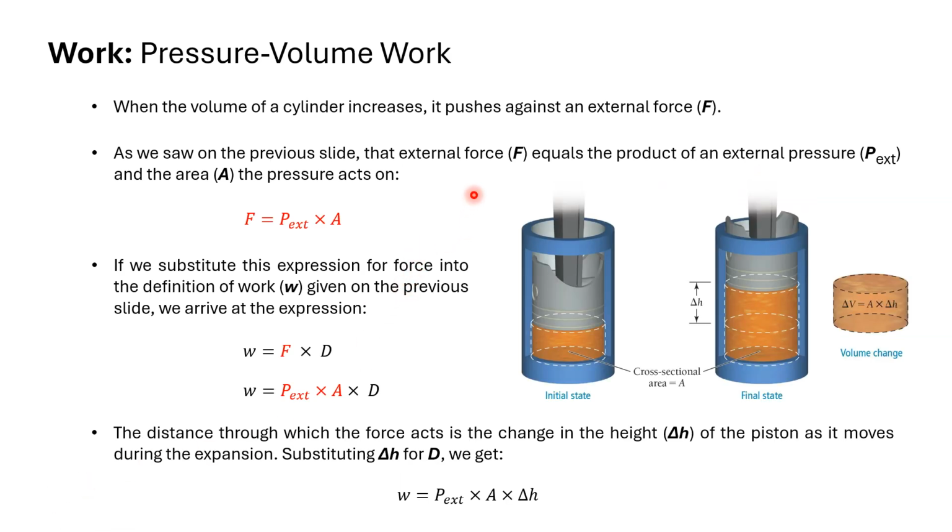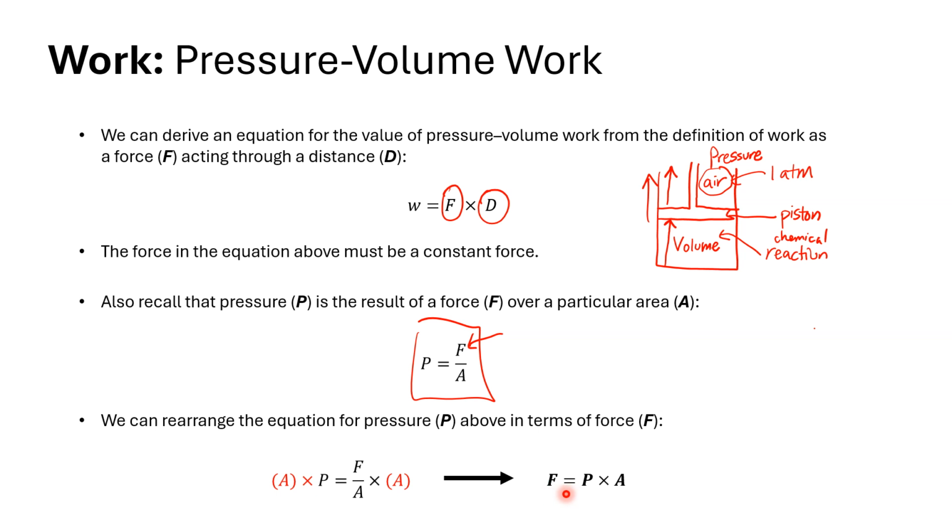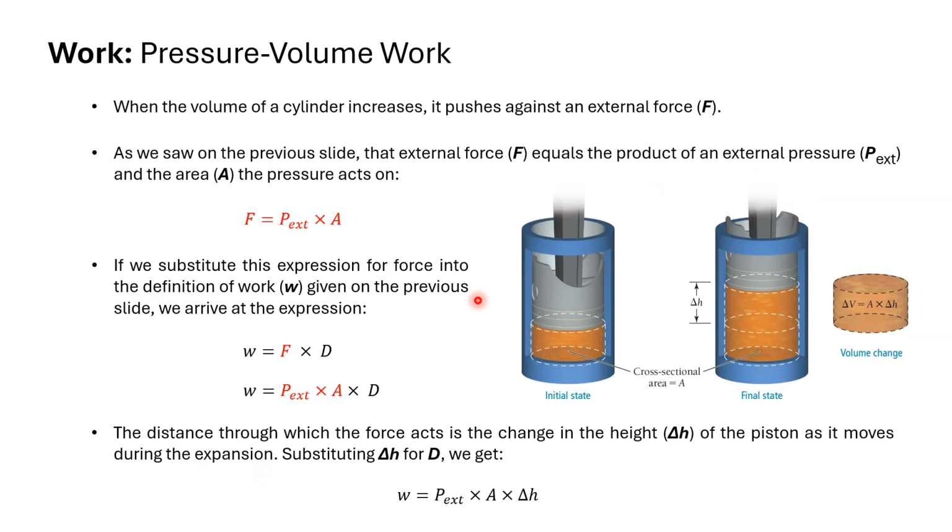Okay, there it is. So when the volume of a cylinder increases, it pushes against an external force, right? So that force is equal to pressure times area. Why is there an EXT here? We didn't have EXT before. We just said force is equal to pressure times area. We're going against an external pressure.